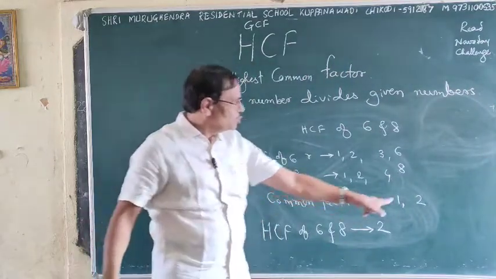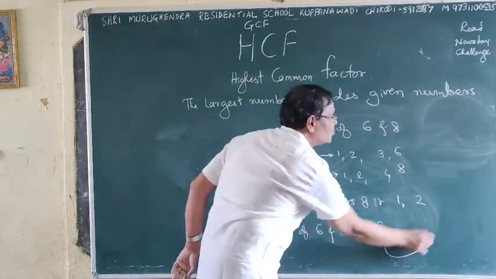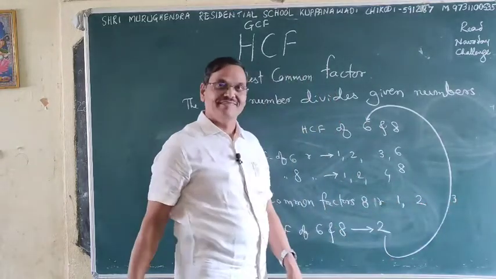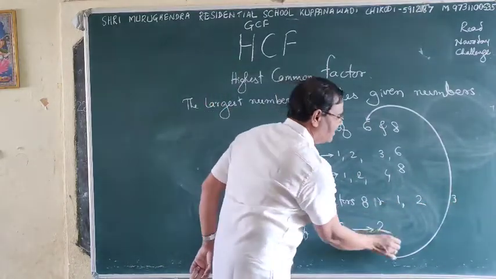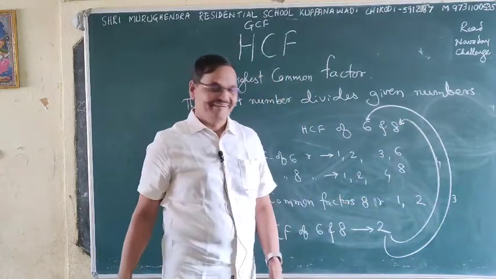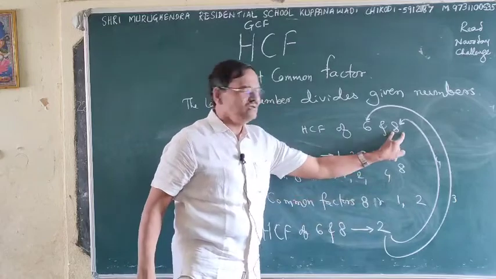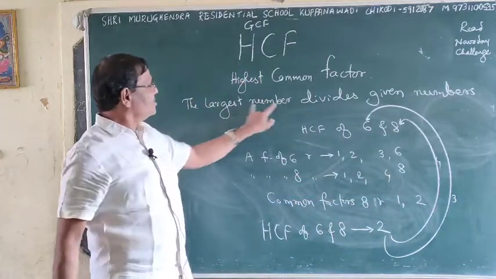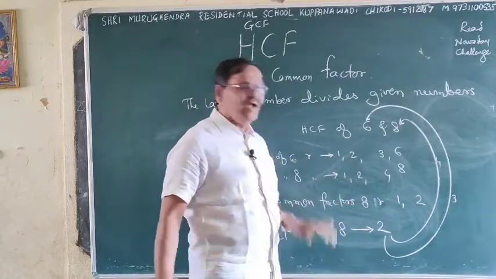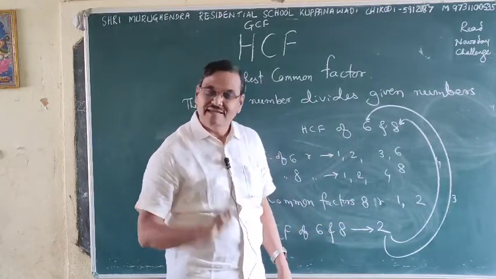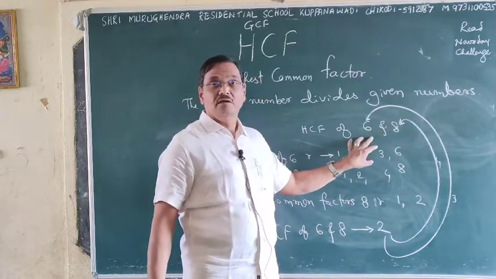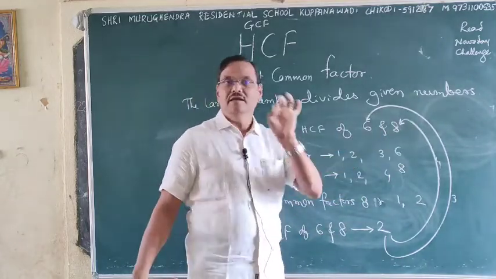See, 2 can divide 6, 2 3s, isn't it? And 2 4s are 8. 2 can divide 6 and 8. 2 is the largest such number. 1 can divide, but 1 is the least number, whereas 2 can divide 6 and 8. So 2 is the HCF.